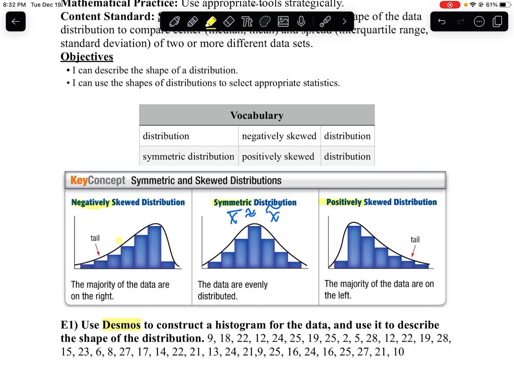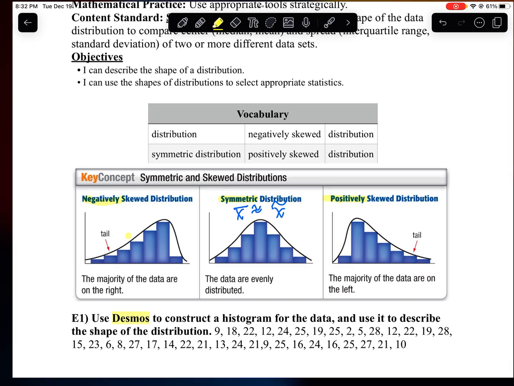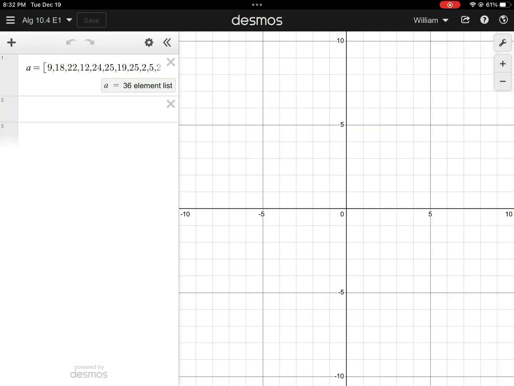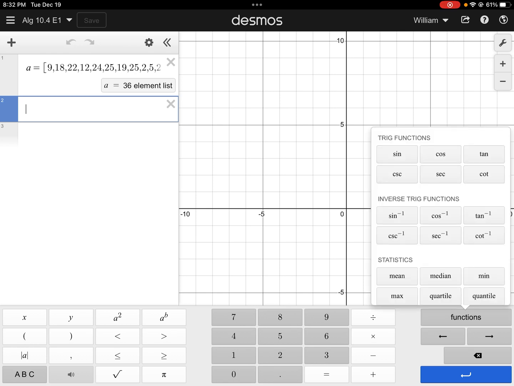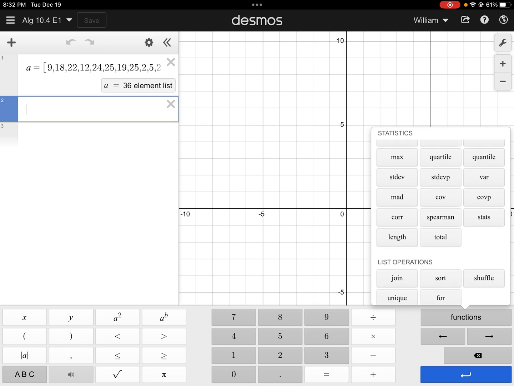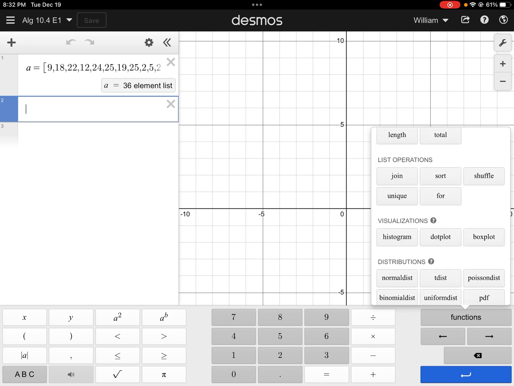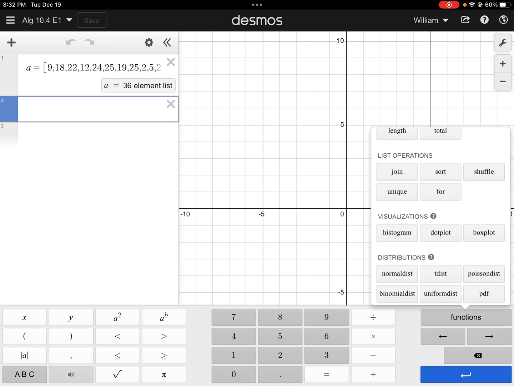So we're going to do a histogram to start with. I plotted this data in Desmos for you. When you look at Desmos, you can type in the word histogram, but I like to click on the function, go down to the distributions and visualizations, and click on histogram.